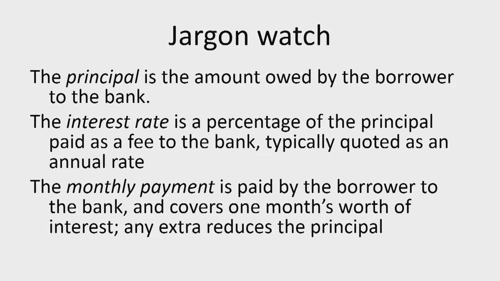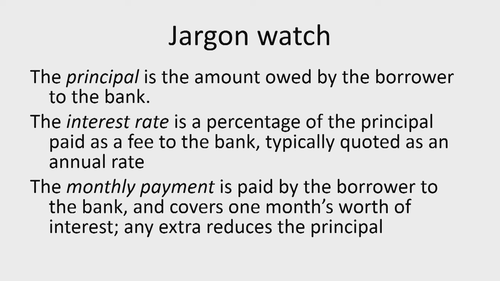That covers 1 month's worth of the interest. Any extra left over after the interest is paid reduces the principal by a certain amount, right? So if you start off owing $100,000 and, just to make the math easy, you have a 10% rate of interest, then you're going to be paying off roughly 1% of that every month, so about $1,000.